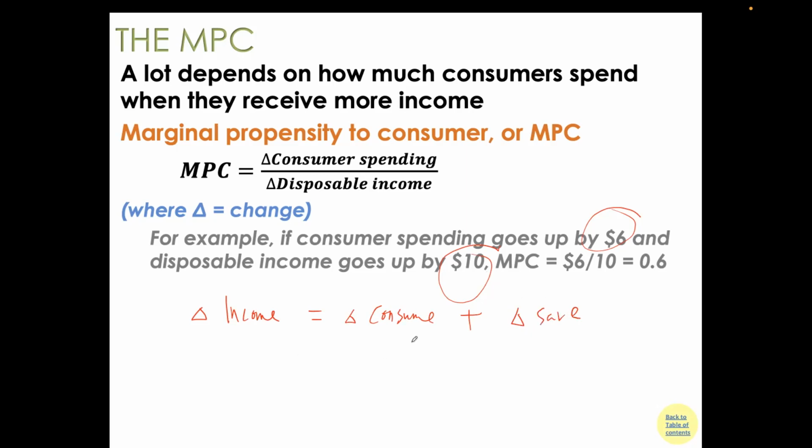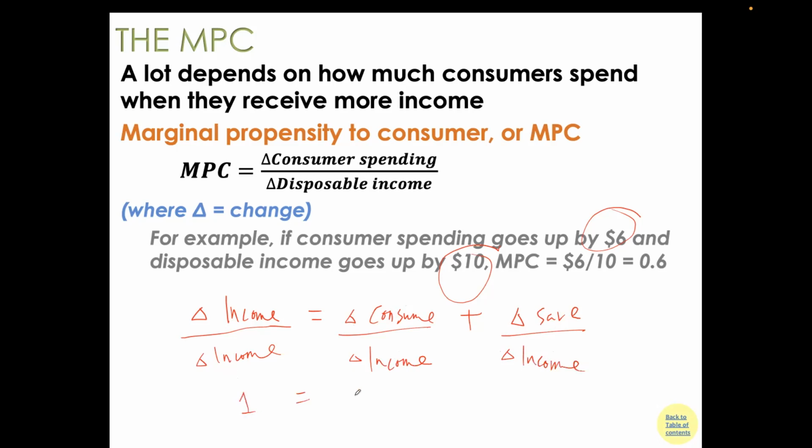Now, given this equation, immediately you're going to have another important formula or identity. You divide both sides by delta, or the change in income. What do we get on the left-hand side? 1.